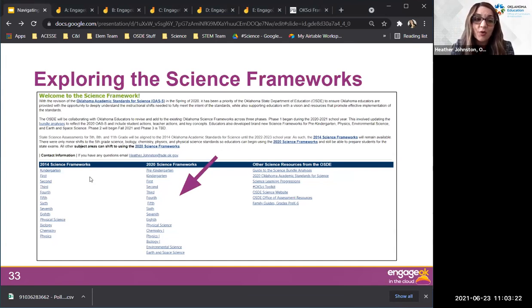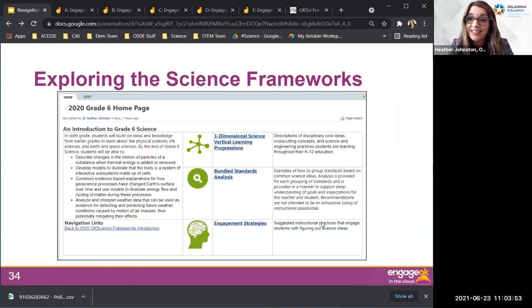If you notice, the 2014 science frameworks are still there, and that's because our state assessment is going to be aligned to the 2014 frameworks this next school year. And so we still want teachers to have access to those particular bundlings. If you're still using the 2014 standards for one more year, we didn't want to completely remove those. So our focus will be the 2020 frameworks.